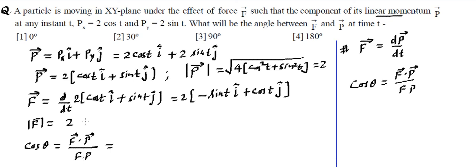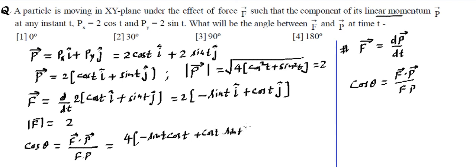For the dot product we will be multiplying this p vector with this f vector. If we multiply, it's going to be equal to 2 and 2 becomes 4, and inside, the i coefficients get multiplied, so it becomes minus sin t cos t, and if the j coefficients multiply, it becomes cos t and sin t.